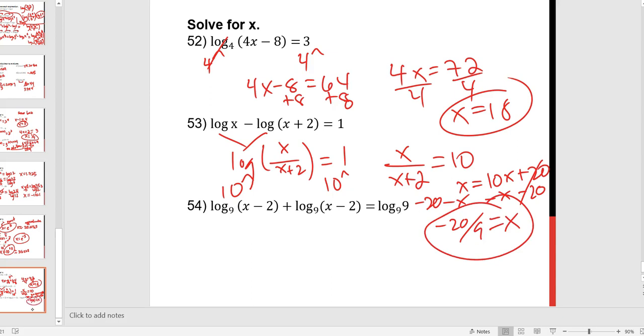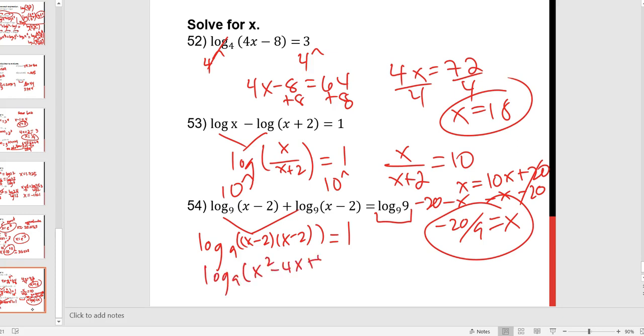Last but not least, we will condense these. Log base 9 of, we're going to multiply this, so it's going to end up being x minus 2 times x minus 2 is equal to, I'm going to simplify, log base 9 of 9 is 1. Multiplying this out, log base 9 of x squared minus 4x plus 4. Undo log base 9 by raising both sides as a power of 9. X squared minus 4x plus 4 equals 9.